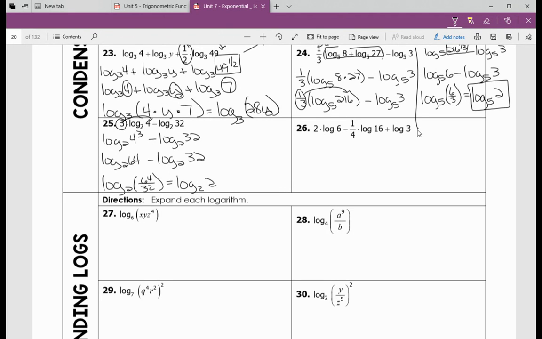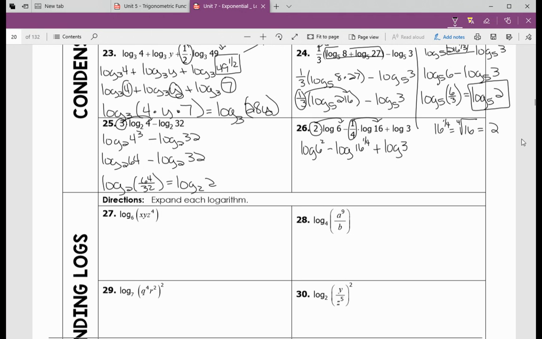And in the final problem, I have 2 multipliers that need to be addressed. So I have log 6 squared minus log 16 to the 1/4 power plus log of 3. Now, 16 to the 1/4 power is the 4th root of 16, and the 4th root of 16 is equal to 2.